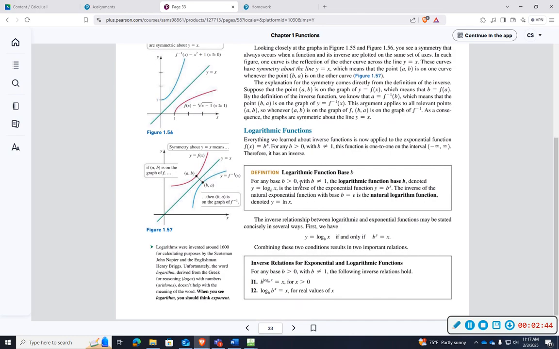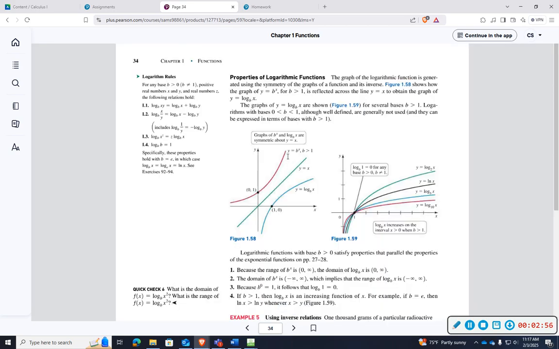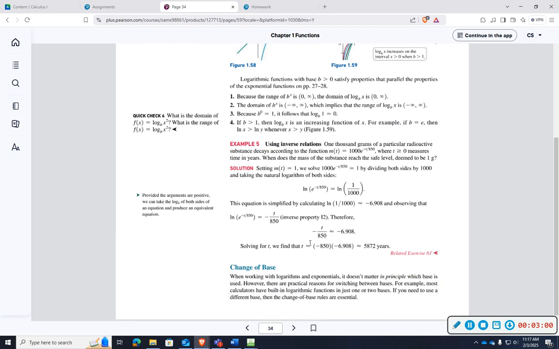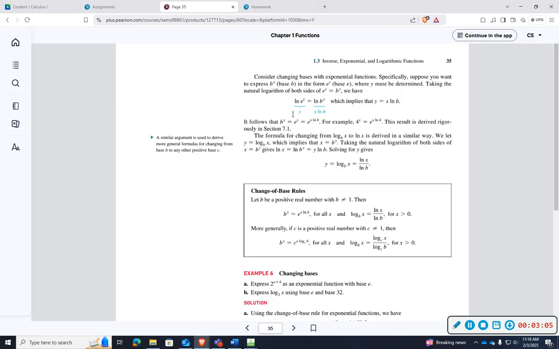And then we have some logarithmic functions and definitions and properties here, as well as pictures of those graphs in general shapes. Again, some more properties of log. And then we have the change of base property here listed as well.